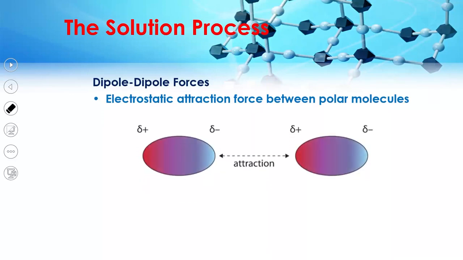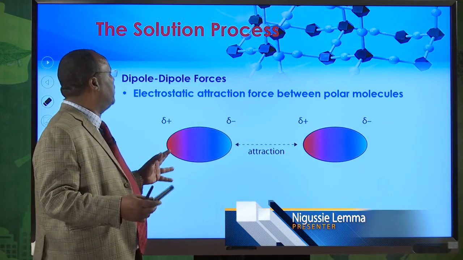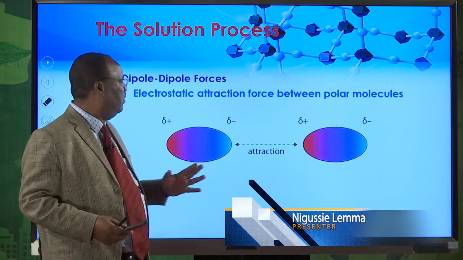For example, let us see this figure. Polar molecules have dipole moment greater than 0. They have a partial negative charge on one end and a partial positive charge on the other end, because of the difference in electron distribution between the atoms in a molecule.